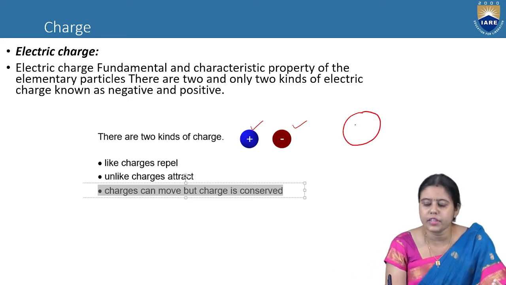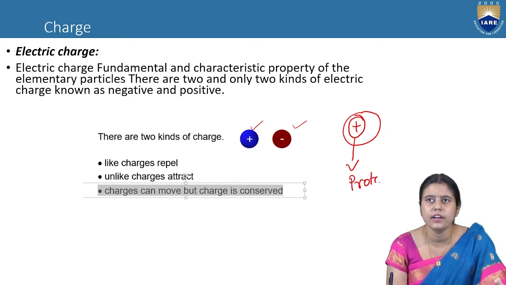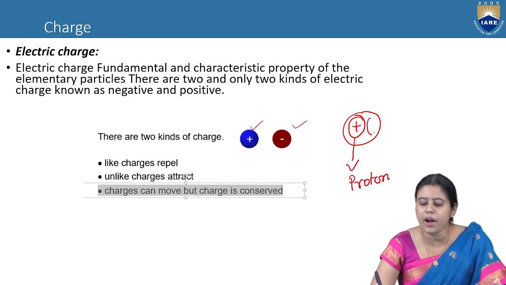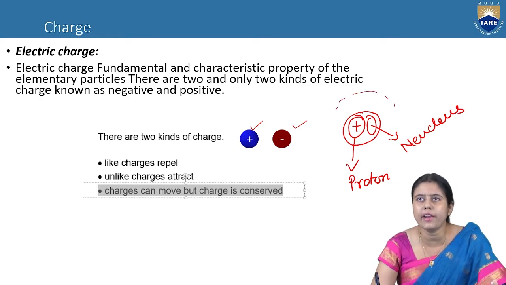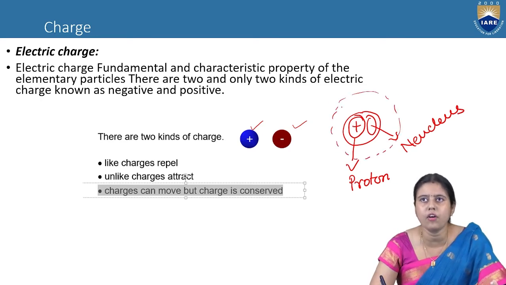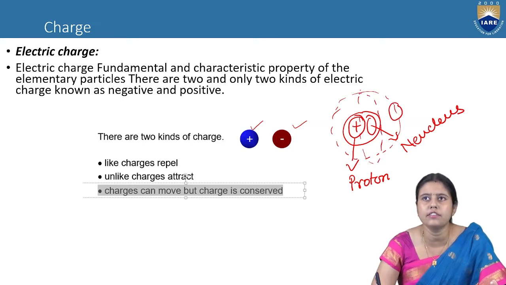If this is the nucleus, in the nucleus there is a positively charged particle, which is known as the proton, and an uncharged particle, which is known as the neutron. On the outer side there are many orbits like this, and we can find the electrons there.